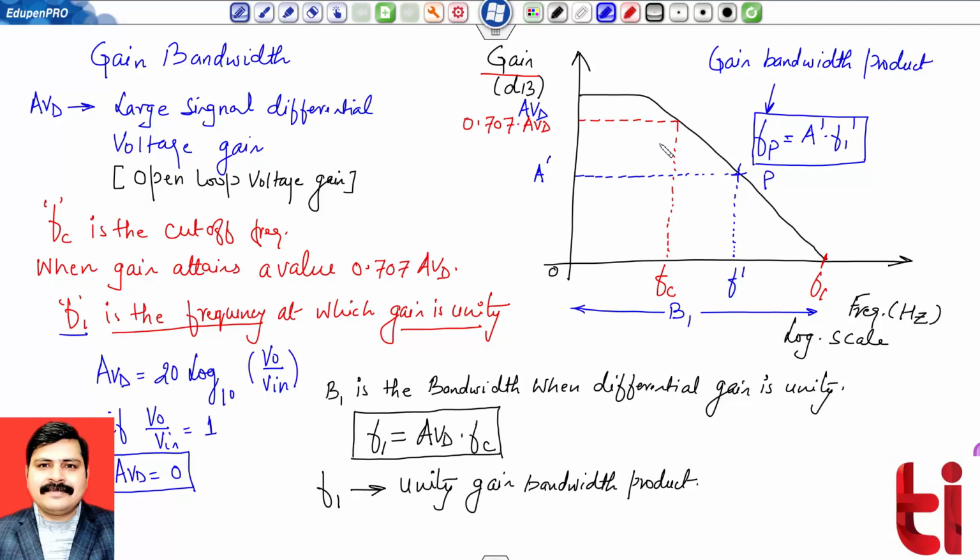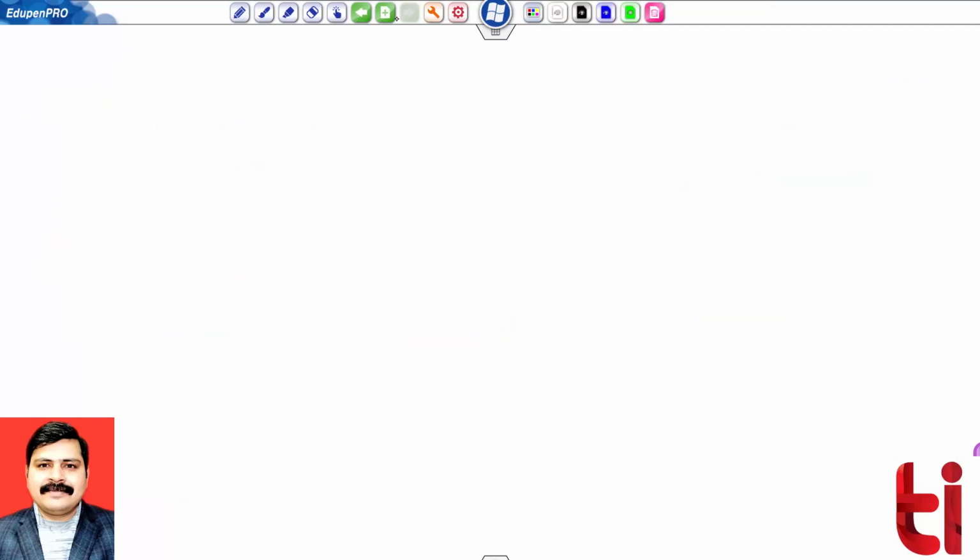This is a very interesting specification of the operational amplifier, and let us discuss one example for the standard IC mu A741C.